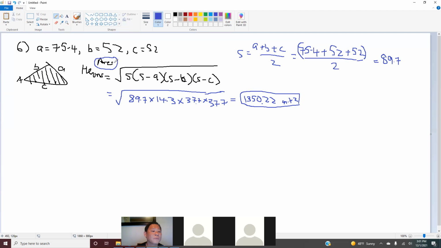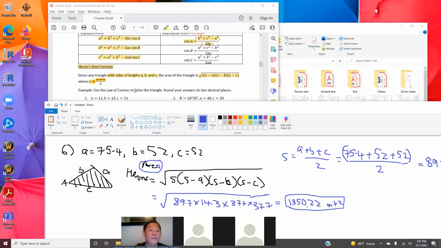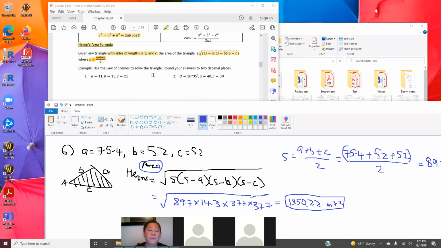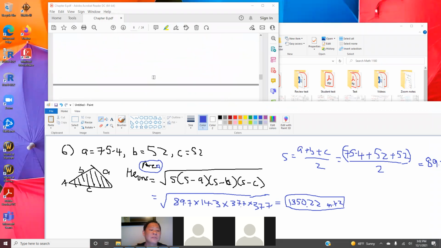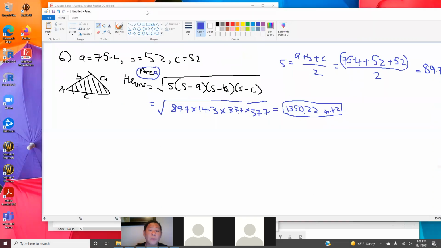This question is asking us to find the area of it. So make sure you read the question carefully. Are they looking for areas, or are they looking to solve the triangle? If you're solving the triangles, then you do law of sine and law of cosine. If a question is asking to find the area, then you use the Heron's area formula.